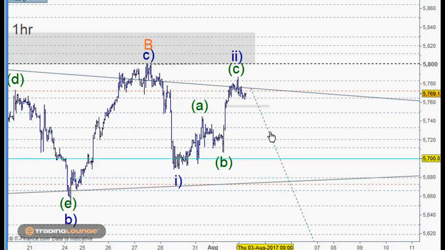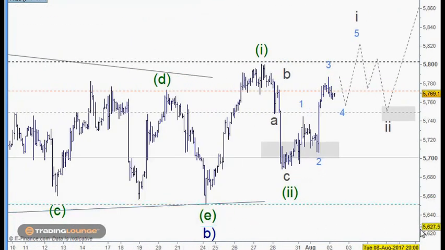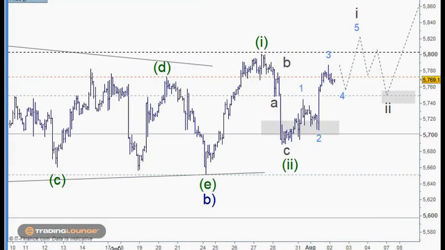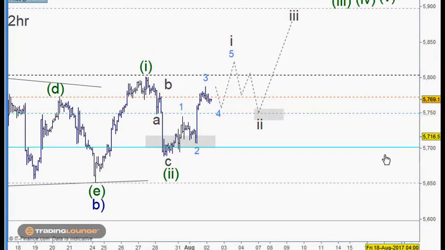The other count with this, looking at it in a more bullish light, would be, if I go to the 2-hour chart here, for example, then we would need to look at, let's bring this across a little bit. It will reveal itself shortly.